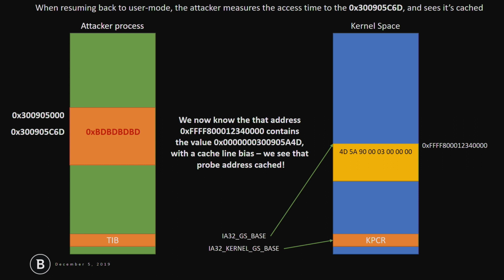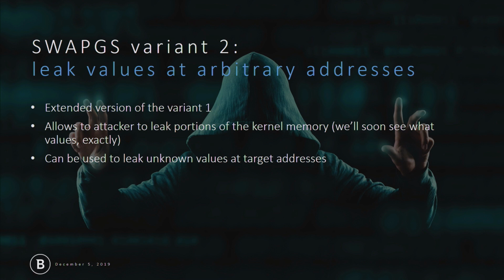OK, this is pretty neat. So we can probe a kernel address to see if the value located there is of a particular value, right? But this was not quite enough for us. We wanted to be able to leak arbitrary values from arbitrary addresses, not simply probing or searching for values inside kernel memory.